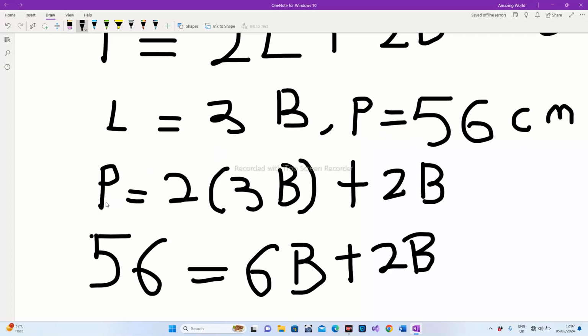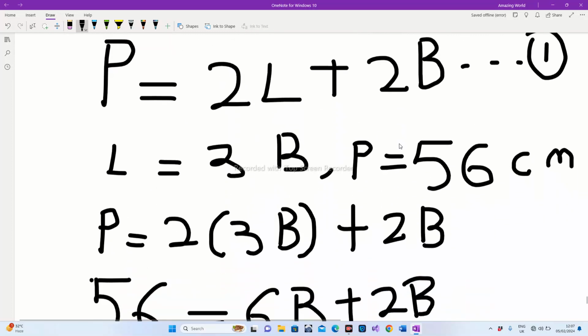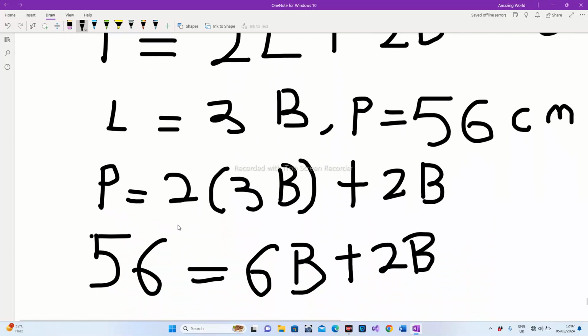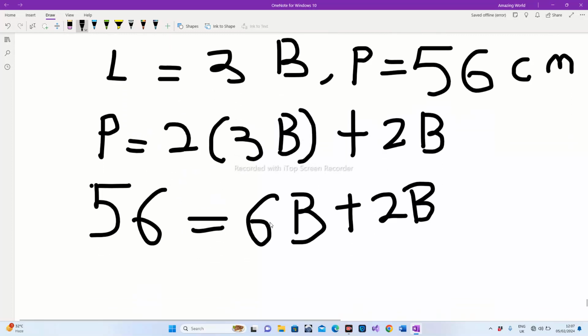So when we substitute the P, the length that we have been given, which is 3b, into this original equation of 2L plus 2b, we have that our P is equals to 2 brackets 3b, which is our length, plus 2b, and then we expand the bracket. 2 times 3b will give us 6b plus 2b.